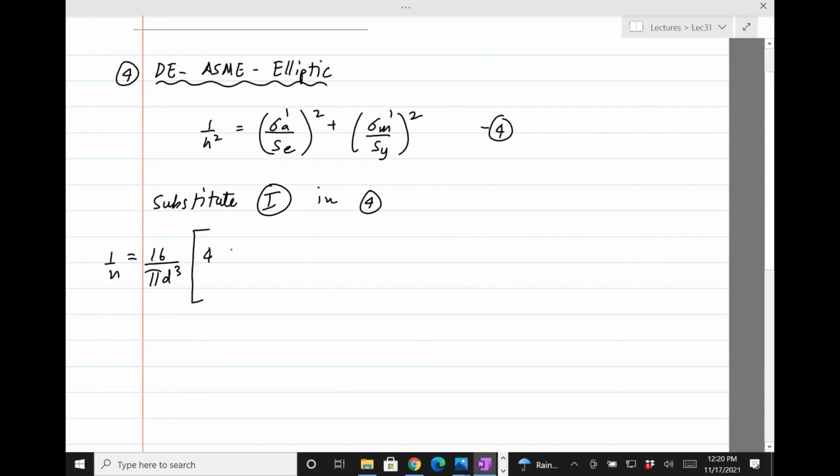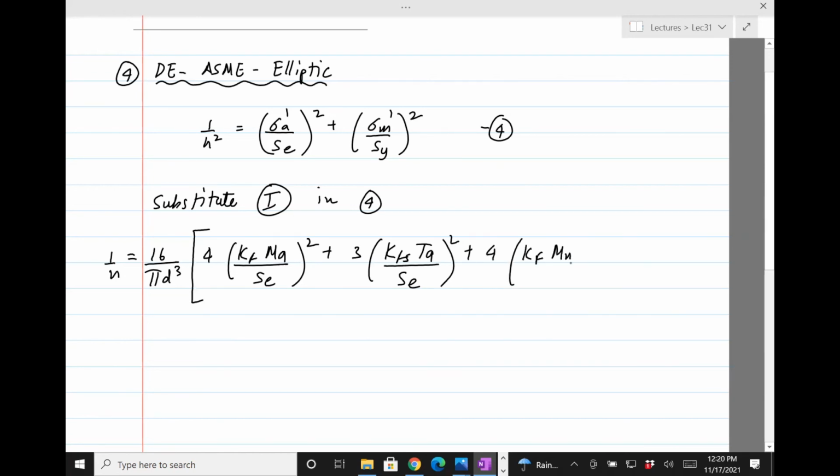Now we have the following things: (4 kf Ma divided by Se) square plus (3 kfs Ta divided by Se) square plus (4 kf Mm divided by Sy) square plus (3 kfs Tm divided by Sy) square.